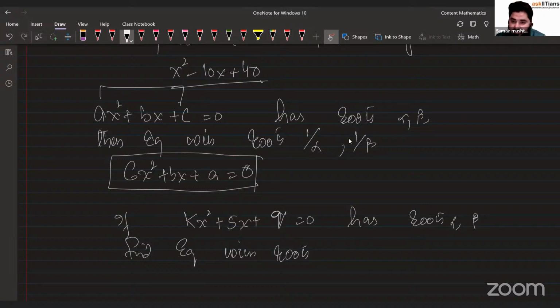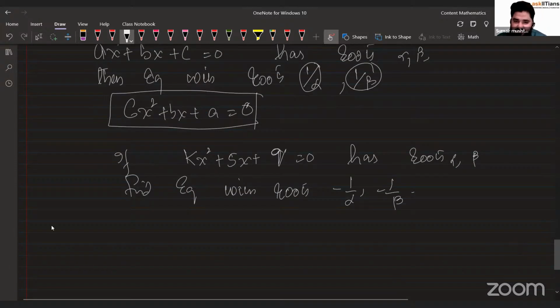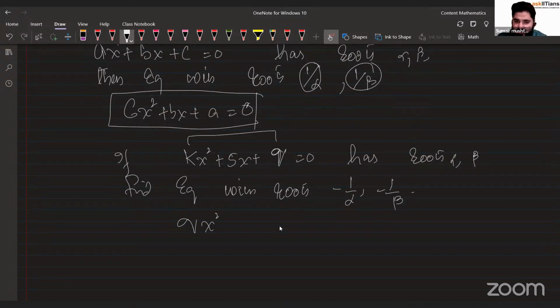If you take the reciprocal of the roots, a and c change position, right? I will take negative 1 by alpha, negative 1 by beta. That means the roots should be reciprocal and also negative of each other. Simply, if it is reciprocal, qx square and k will change position. And here you have 5x, and if it is negative, this will also change sign from positive to negative. Clear? This will be the equation.